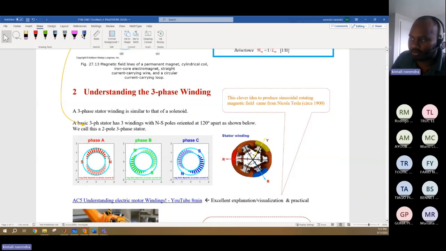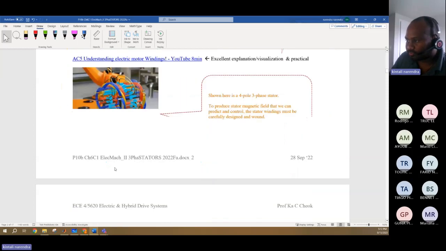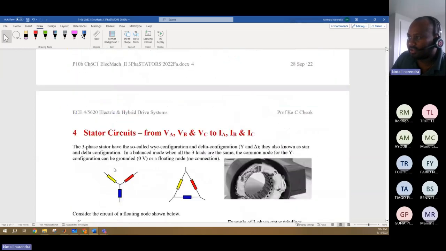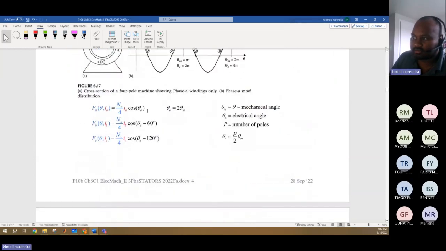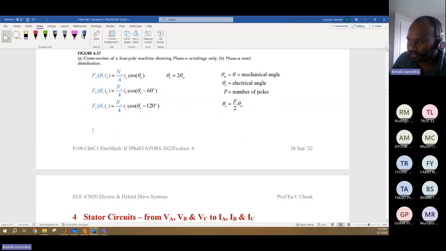You need to remember that. These equations represent each phase and the magnetic motive force developed in each phase.